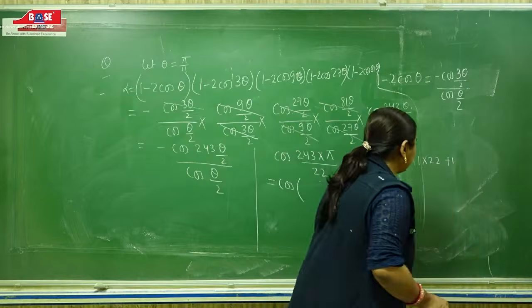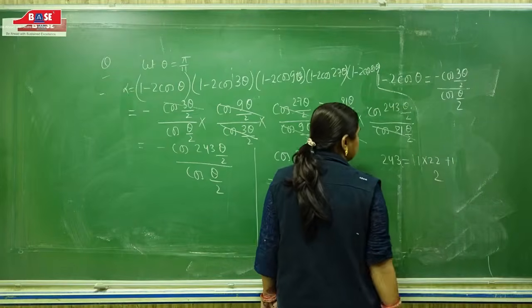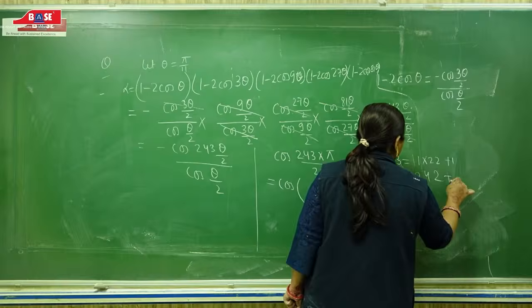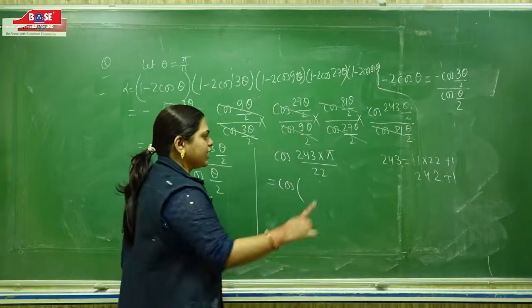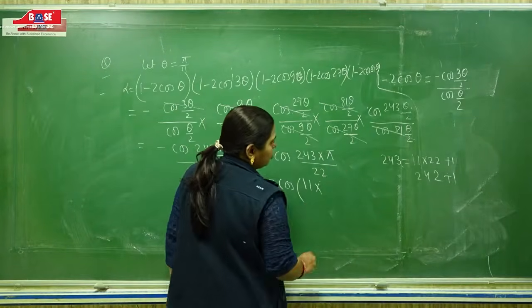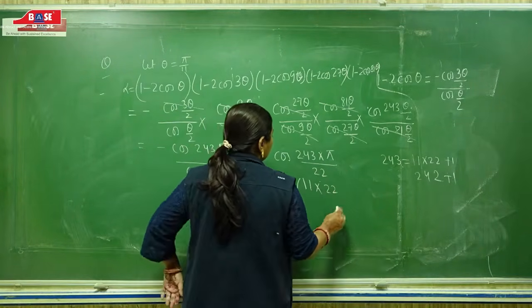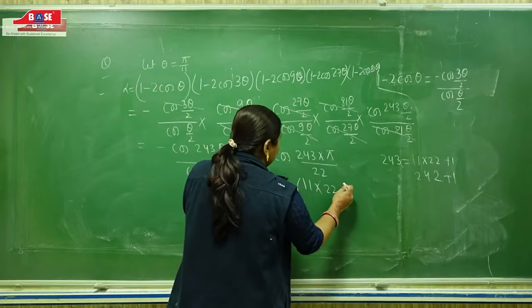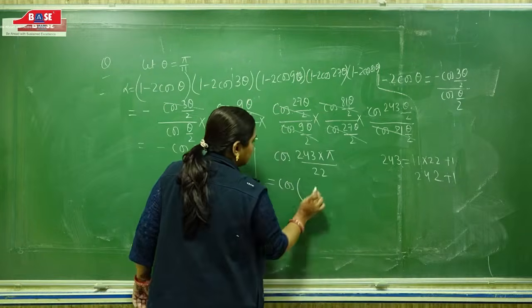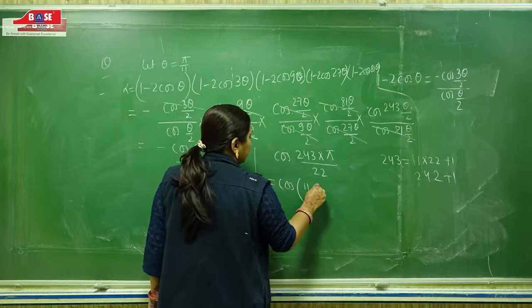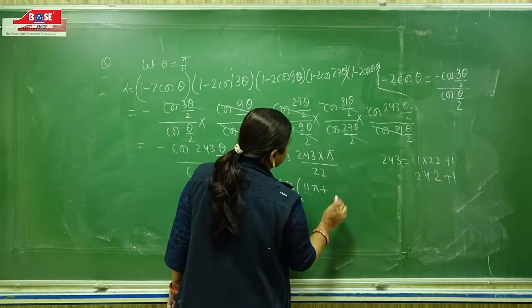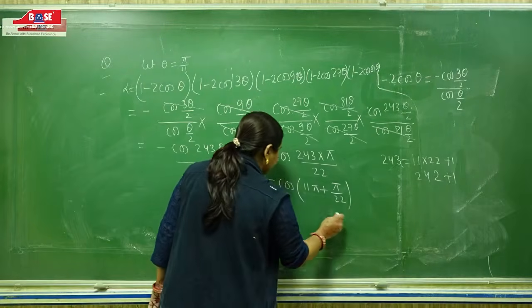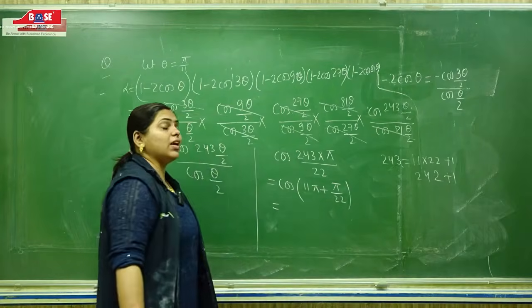Let me do that small calculation. So this will become 11 into 22 plus this 1, which is basically becoming 11 pi plus pi by 22.